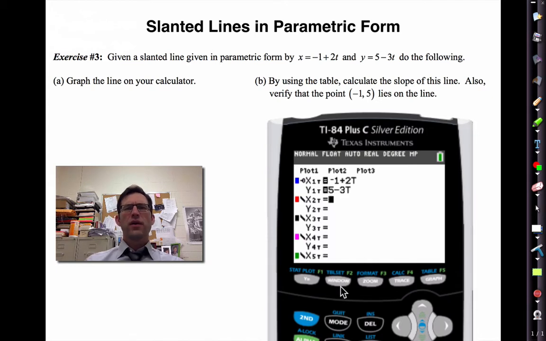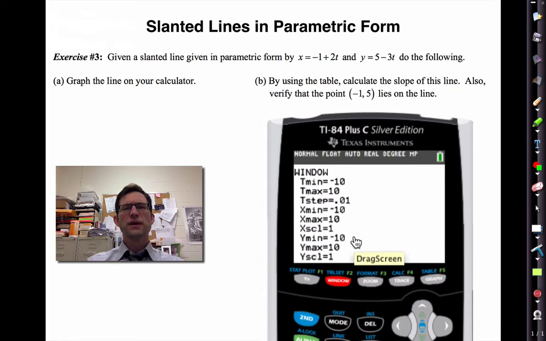Now we have to think about our window. Now remember, this is a line, so we want to make sure that we're graphing it with a sufficiently large window. It's kind of hard to know what our t interval should be, but why don't we go negative 10 to 10? Can't possibly hurt, right?